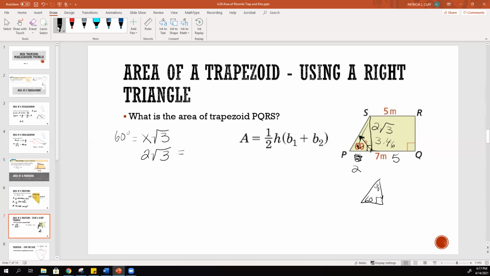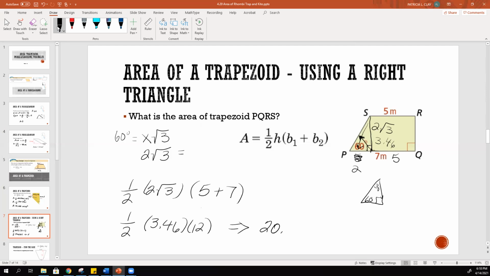We have 1/2 height, which is 2 radical 3, times 5.7 plus 5.9 plus 7 together. So I'm going to do 12. So I'm just going to rewrite it using my decimals and my addition of my bases times 12. And so I'll get my total value is equal to 20.8.